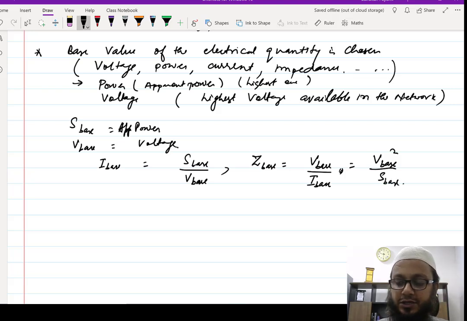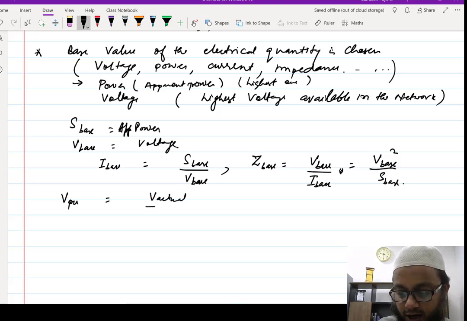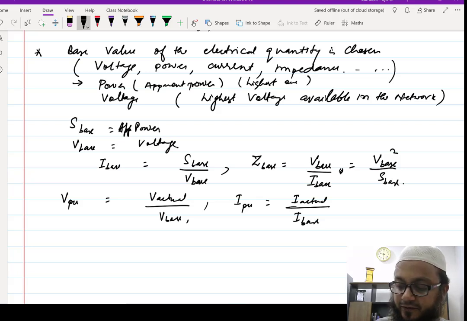Once I know the base quantities, I can calculate the per unit quantities. So voltage per unit would be V actual upon V base. Current per unit would be I actual upon I base. If you look at it, the numerator is in amperes and the denominator as well is in amperes, right?